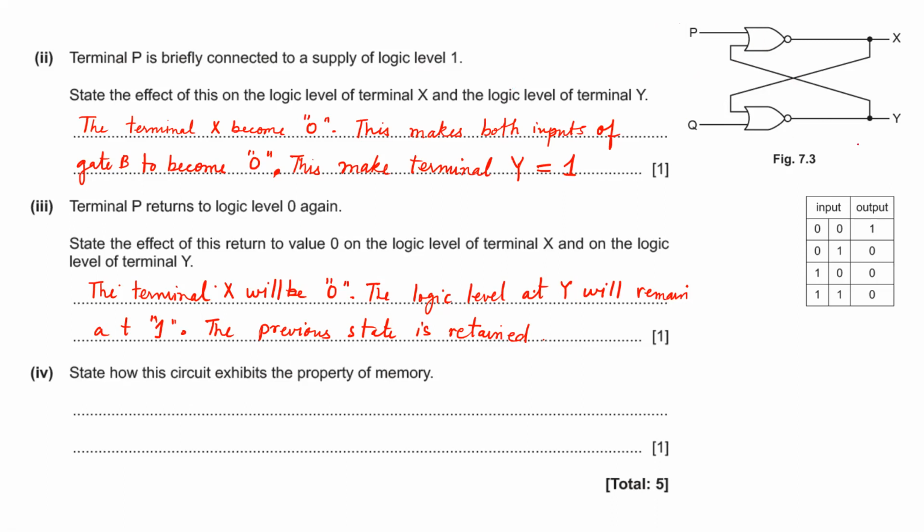If my Q becomes 1, my output Y will also become 1, and if we change the value of Q for some time, then the value of output won't change.